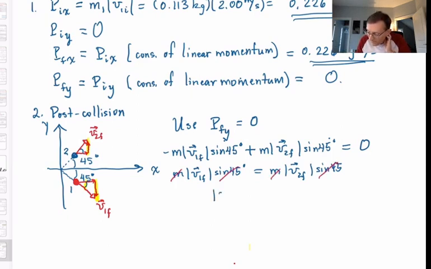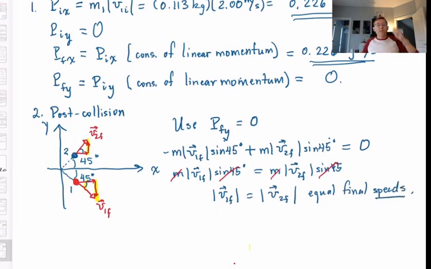And what I've discovered is that since the particles have equal mass and go off at equal angles, they also must have equal final speeds. Speeds, not velocities, because they're going off in different directions. But the magnitudes of those velocities are equal.